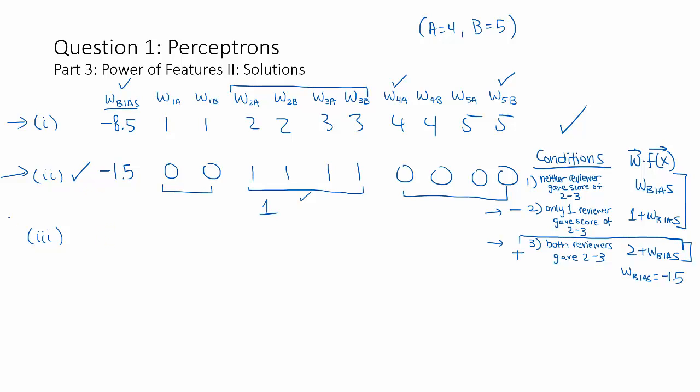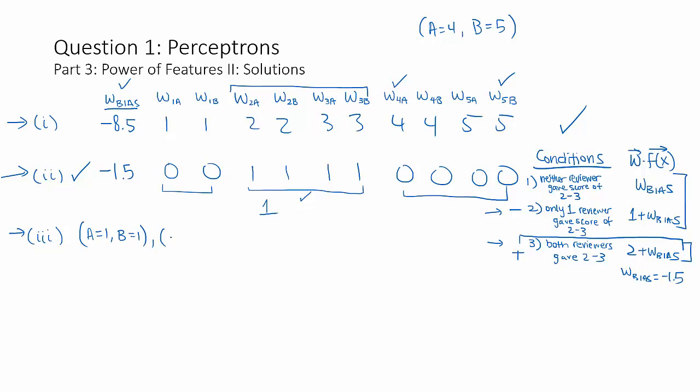Lastly, we have this situation where the movie succeeds if both critics return the same score. It turns out that the classifier cannot classify this situation, and we can actually prove it by showing the relationship between 4 points. Consider the following 4 points. We want the point where critic A gives a score of 1, critic B gives a score of 1.